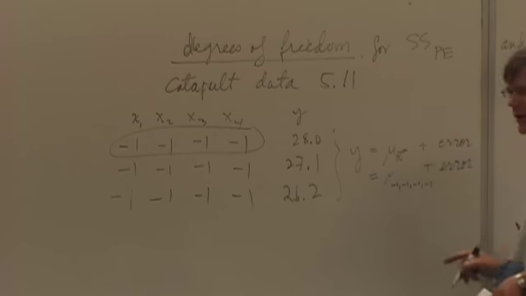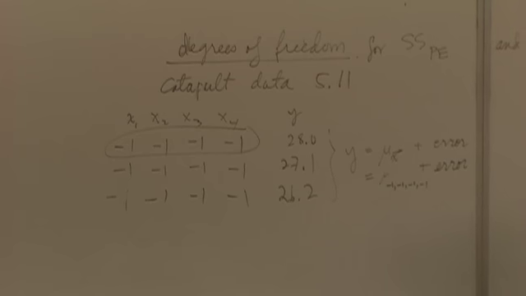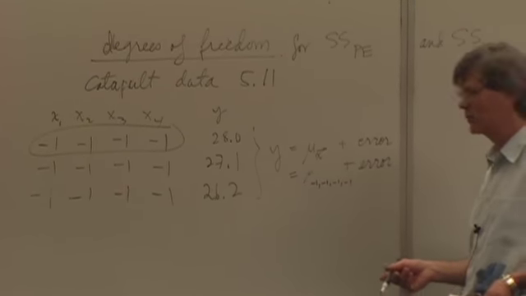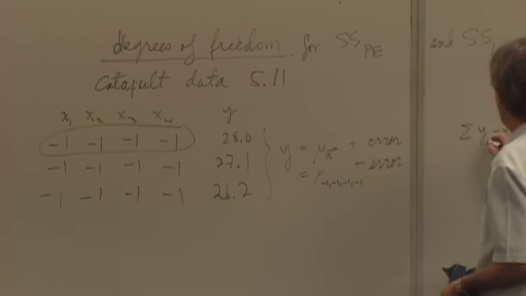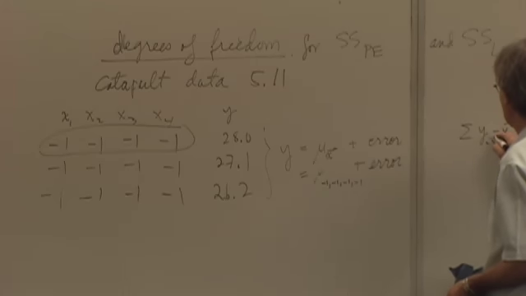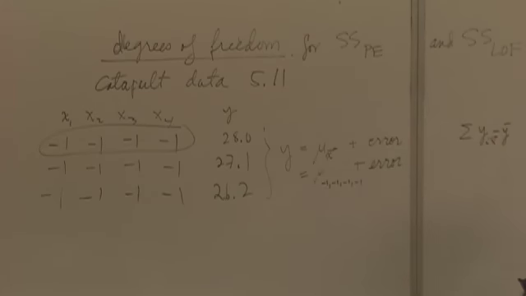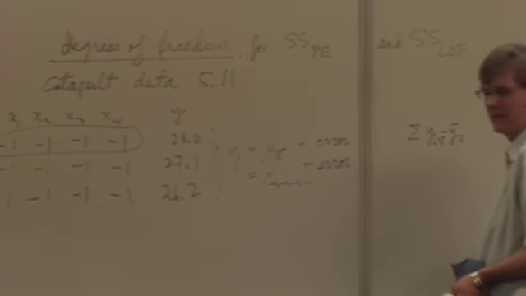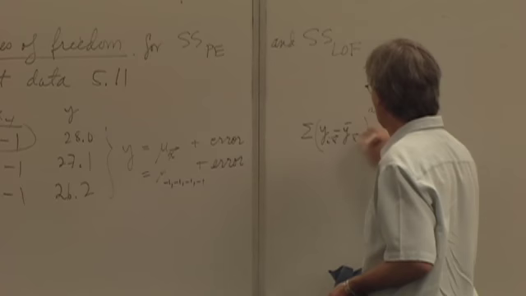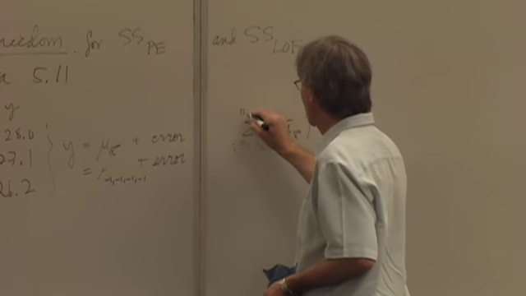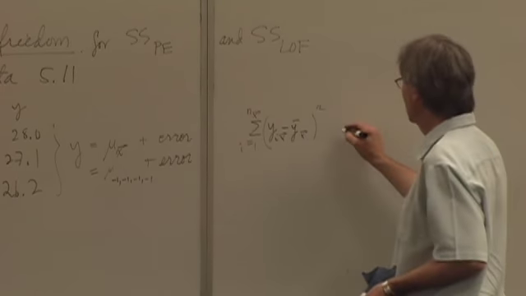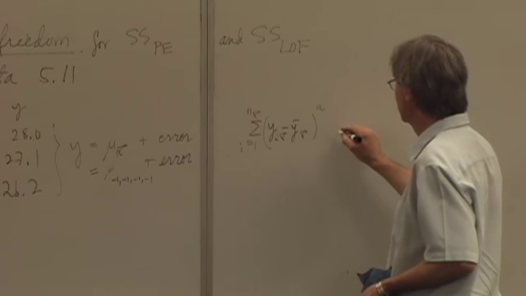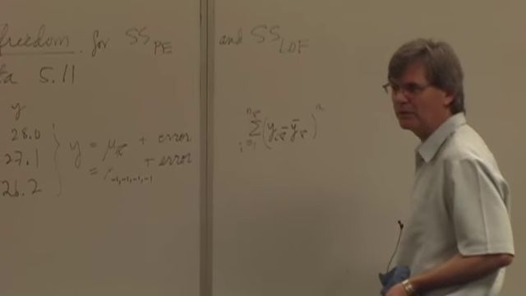The error has variance sigma squared. So what you have is the summation of y_i minus y bar sub x, squared, where i goes from 1 to n sub x, the number of times it was repeated, in this case 3. This will be a component of SSPE, one of the pieces.